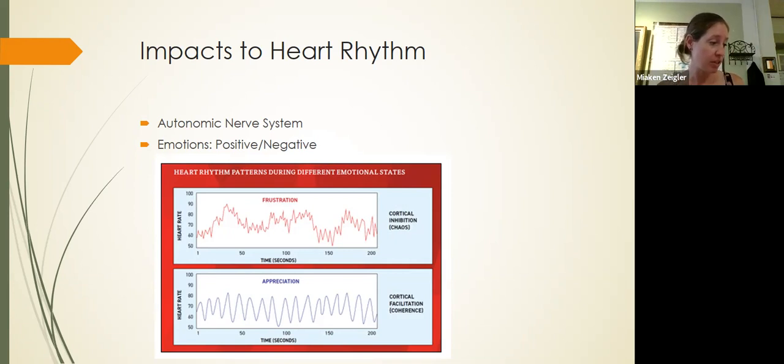Coherent heart signaling grew healthy cells. It inhibited tumor cells. So if you have incoherent and erratic signaling, what is that allowing to grow in your system? We all have abnormal cell growth going on all the time. An abnormal cell is a cancer cell, right? We all have that.